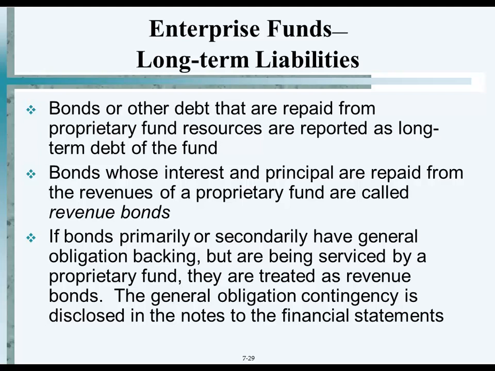If they are revenue bonds of the enterprise fund but have a secondary backing from the municipality, they show up in the enterprise fund with footnote disclosure in the government's annual financial statement. This is what this means.